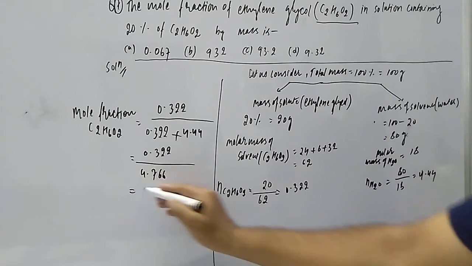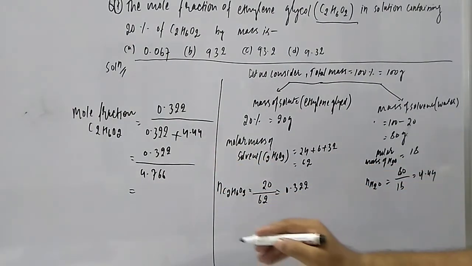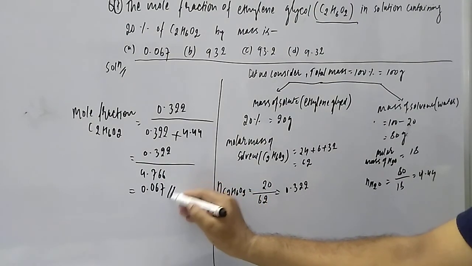If you divide this out, student, you will get 0.067. So this is our answer.